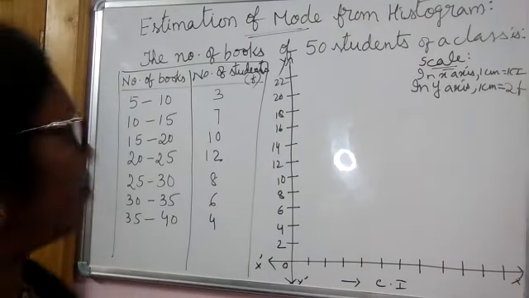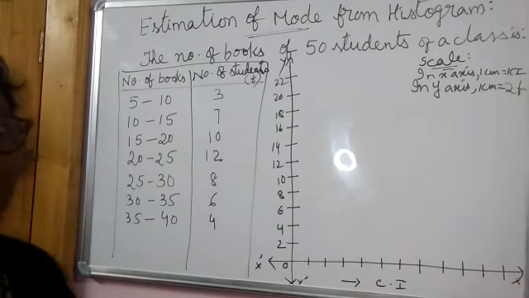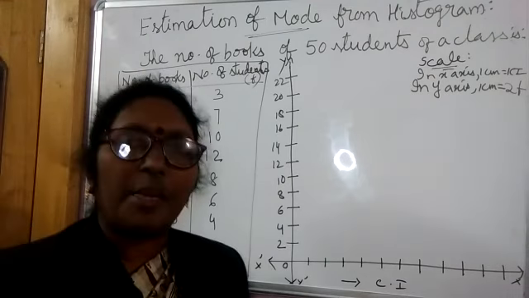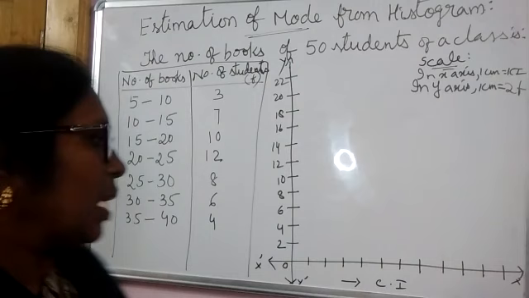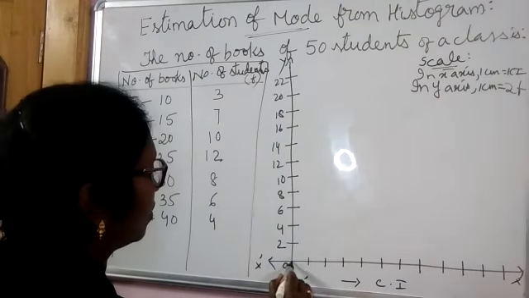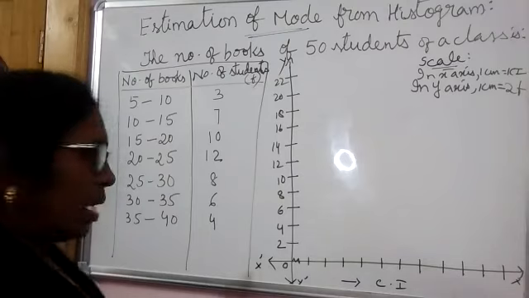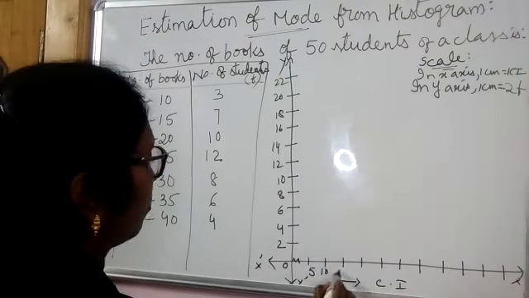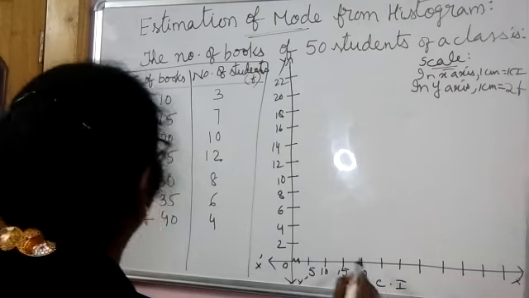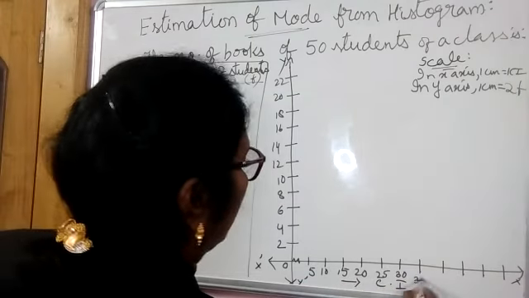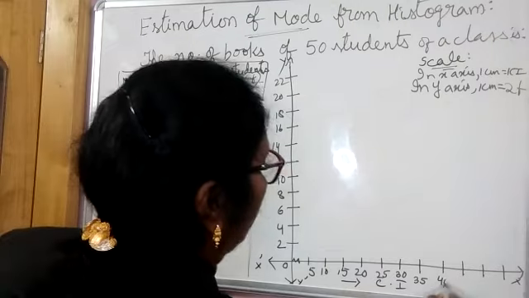And in order to draw the histogram, what is the lower limit of the first class interval? Here the lower limit of the first class interval is 5. If the lower limit of the first class interval does not start with 0, make a kink mark. Then proceed. 5 here, 10, 15, 20, 25, 30, 35, 40.